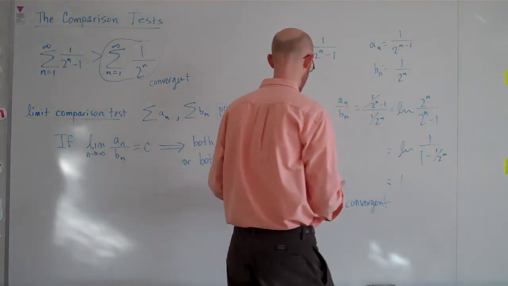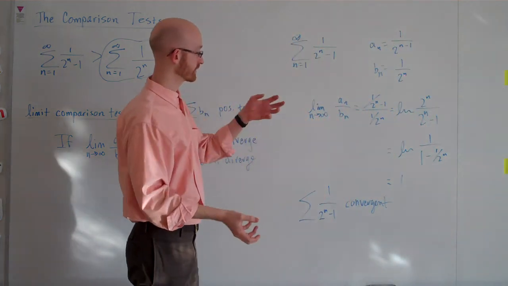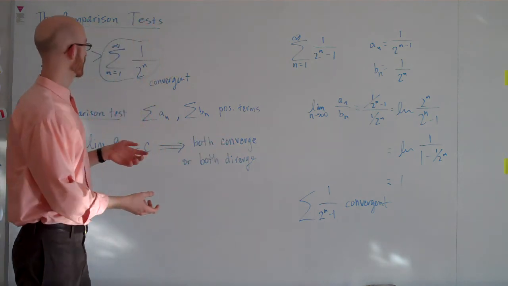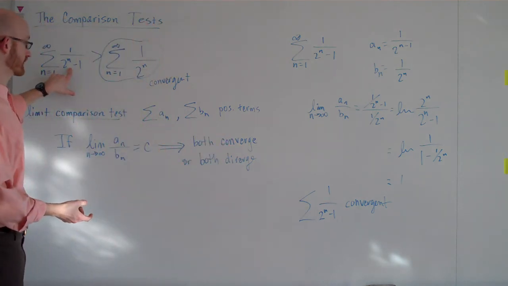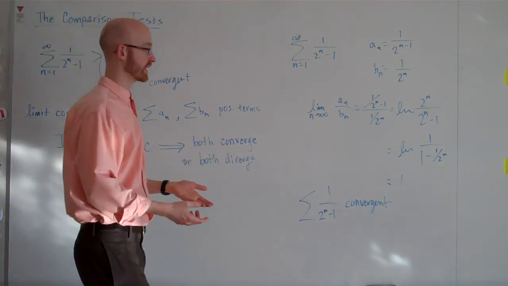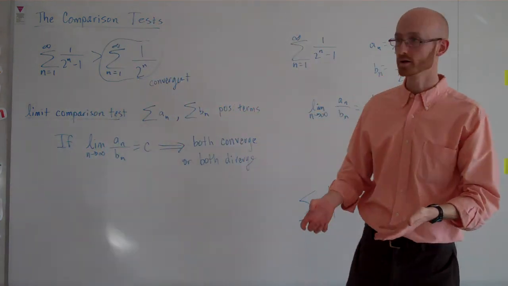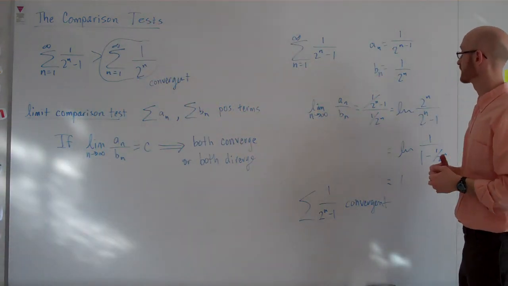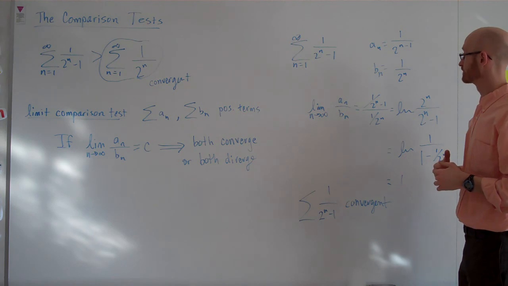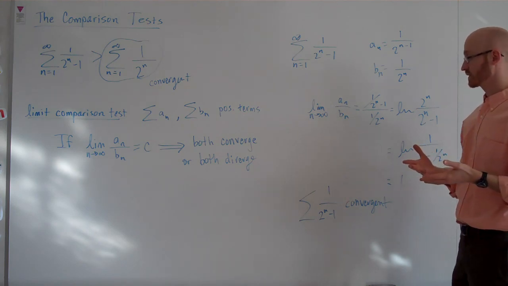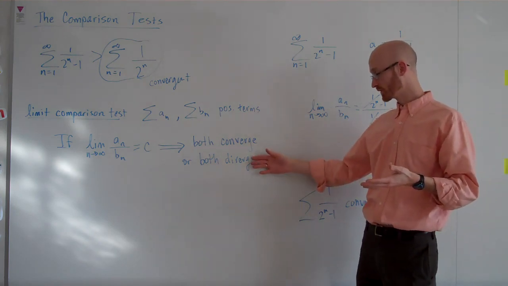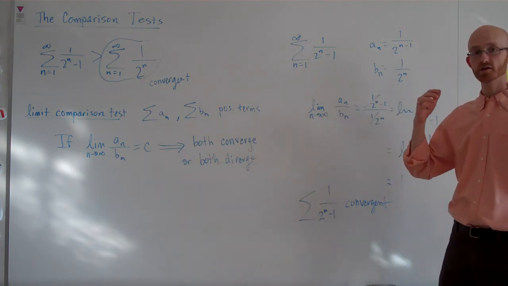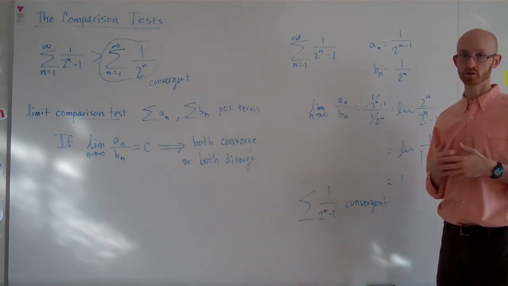We're basically doing a limit comparison test with 2 to the n and 2 to the n minus 1. We know 2 to the n converges, right? I know that one converges. So if that's the case, they either both converge or both diverge. And we know in this case they must both converge because we know one of them does.